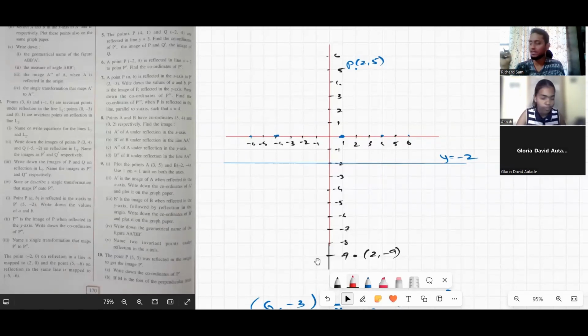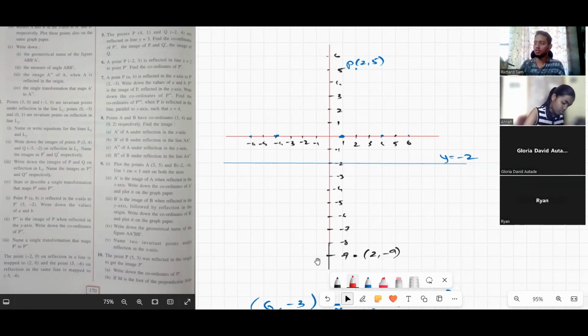How do we draw that line? X is equal to -1. Is it vertical or horizontal? Vertical. Yeah, so it passes like this, right? This is the line, x is equal to -1, because it's passing through the -1 on the x-axis.